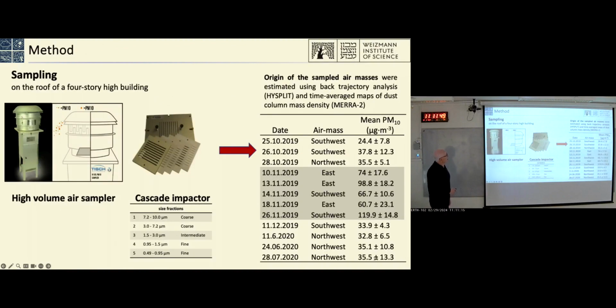One thing that we can do is also sample on a filter, but in a size-resolved way. So we don't have to take the entire bulk. We can try to separate the different sizes and try to understand at which size range the bacteria reside, how that tells us something about their transport, etc.